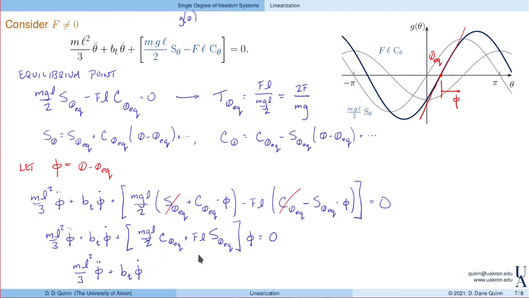And this stiffness ends up looking like, let's do this in red, L times square root of mg over 2 squared plus f squared, times phi is equal to 0. So this is the equivalent stiffness.